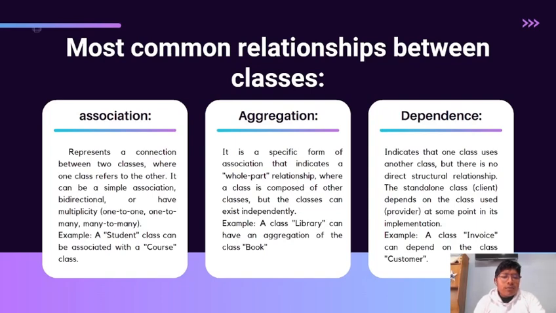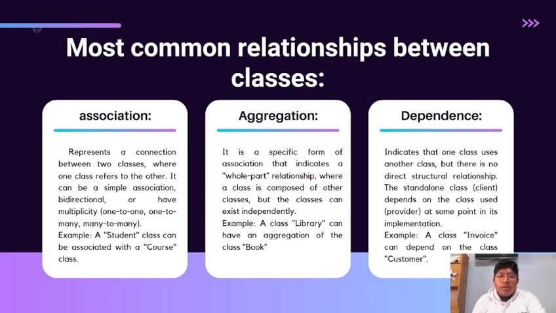It can be a simple association, bidirectional, or multiple: one to many, many to many. Example: a student class can be associated with a course class.